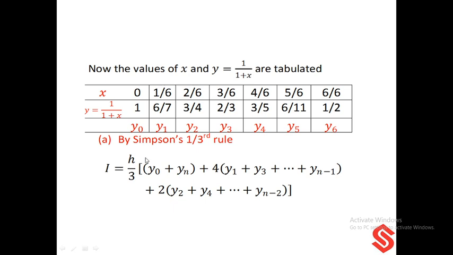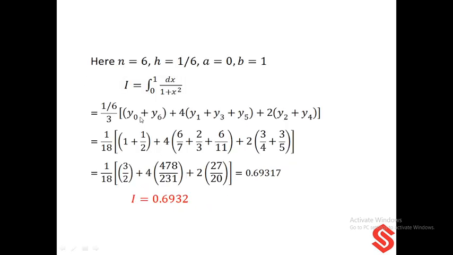Now first A, by Simpson's 1/3 rule, we have the formula I is equal to h by 3 into (y0 plus yn plus 4 into (y1 plus y3 plus etc. yn minus 1) plus 2 into (y2 plus y4 plus etc. yn minus 2)).